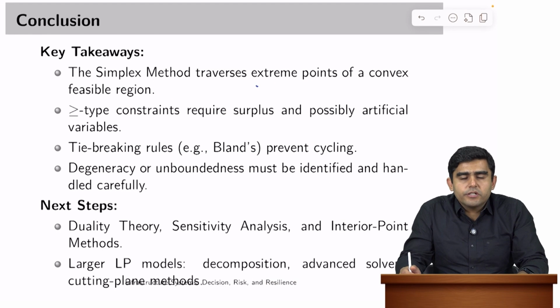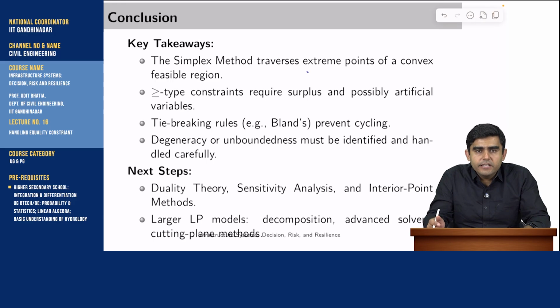So, the conclusion of our discussion on the simplex method is that the simplex method is indeed a very elegant and robust method when we have a linear system of equations, that is, a linear objective function and linear constraints, and we find ways to put it into the simplex framework.